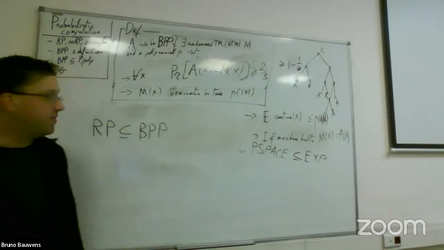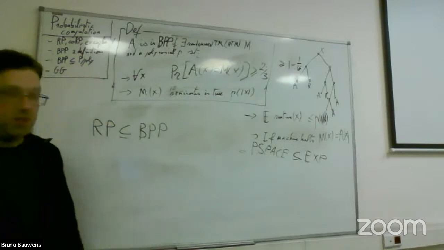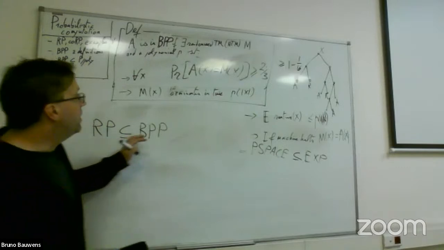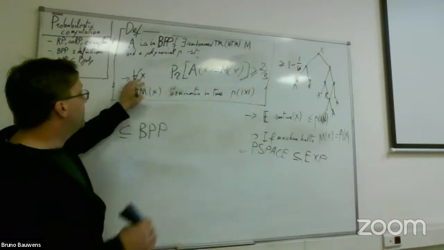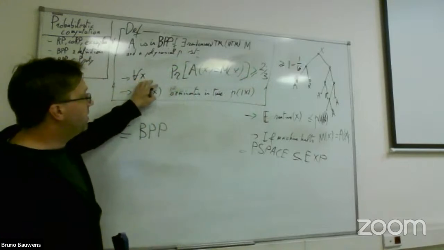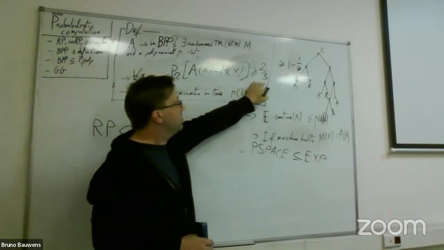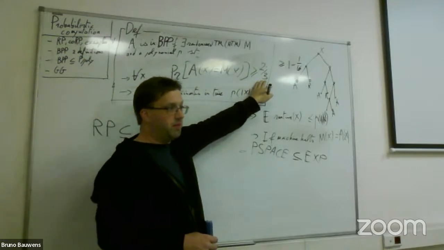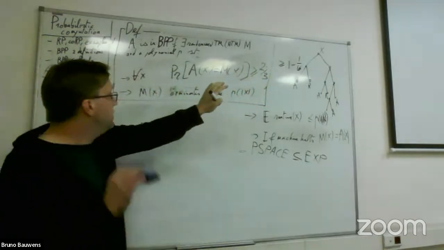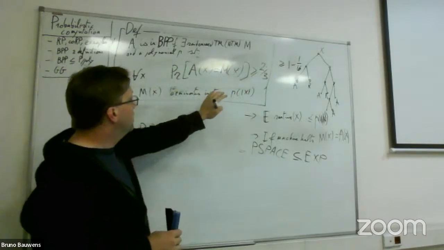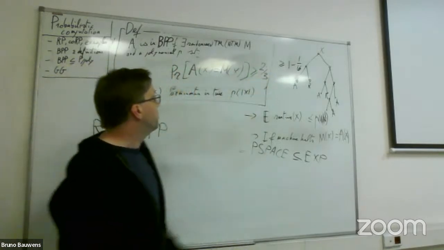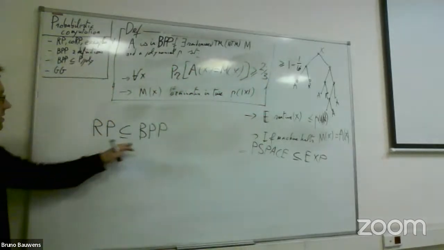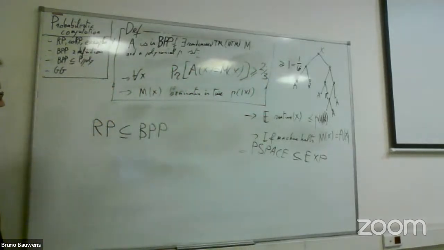So if we have the definition with 1/4, just by repeating twice we are good with the value of the constant. In RP, if X is outside the language, it will always reject, so this is true with probability 1. If X is inside the language, then we are correct with probability 3/4, and this is also true. So RP is a subset of BPP.